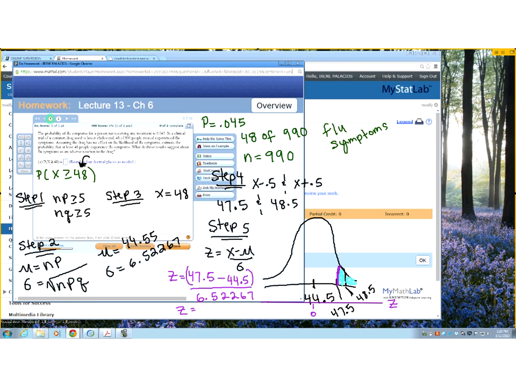All right, so it looks like I have some agreement on 0.46. So let's look up 0.46 in your table. Now it's going to give us the area to the left, and so again we have to remember to subtract that.